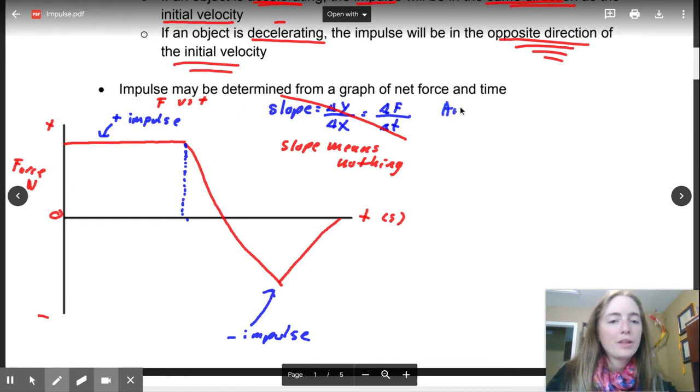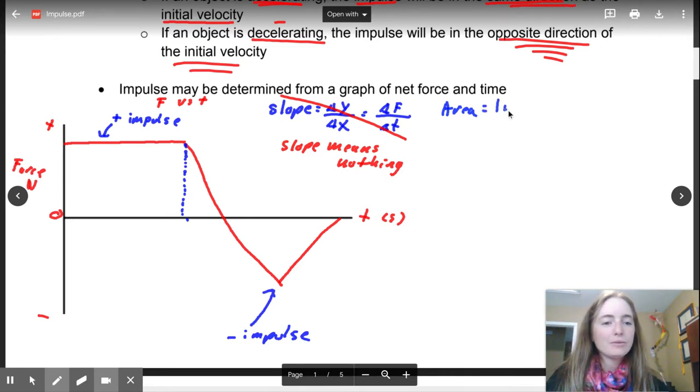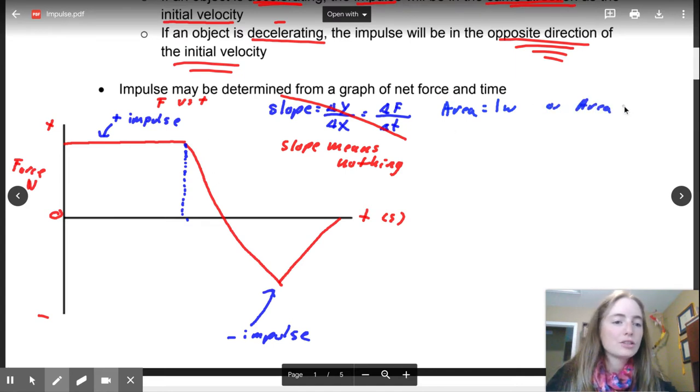However, let us look at what the area could mean on this graph. Force times time. Well, the area is equal to length times width, or for this portion here, your triangle, area is going to equal base times height divided by 2.